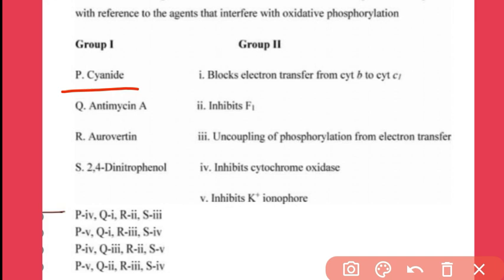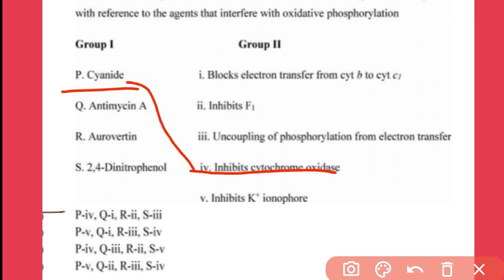After cyanide poisoning, the electron transport chain can no longer pump electrons into the intermembrane space. The pH of the intermembrane space would increase, and ATP synthesis would stop due to the cyanide. So cyanide inhibits complex 4, that is, it inhibits cytochrome oxidase.